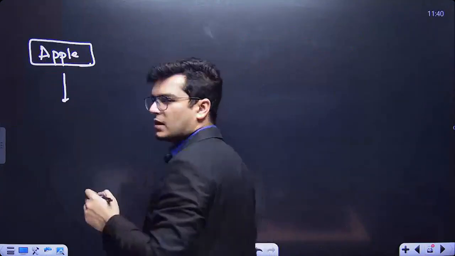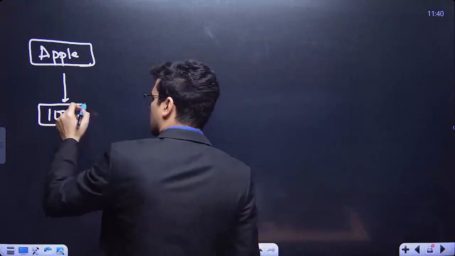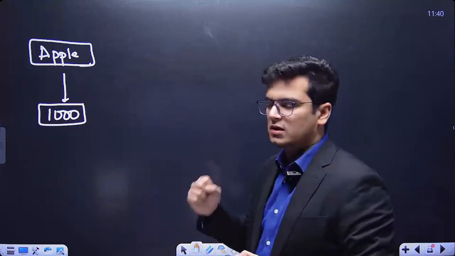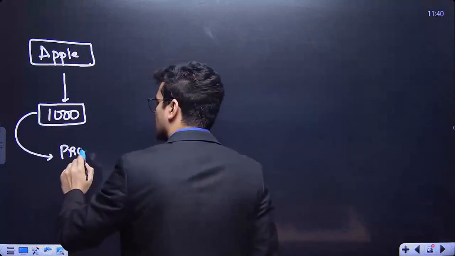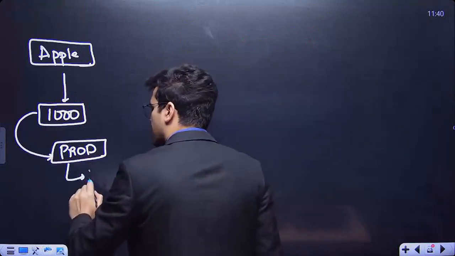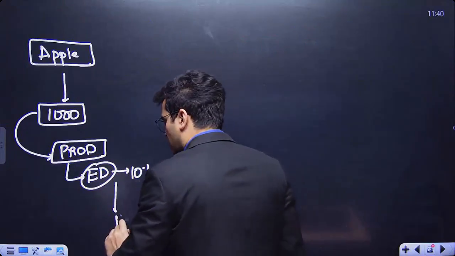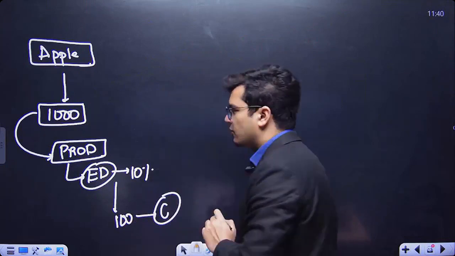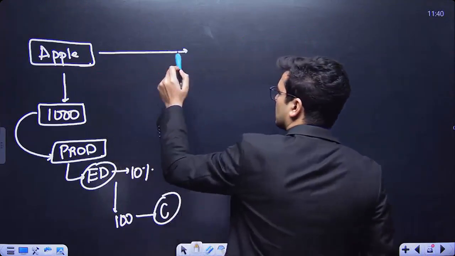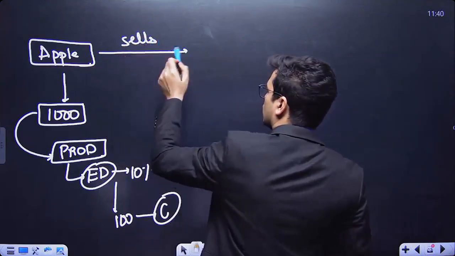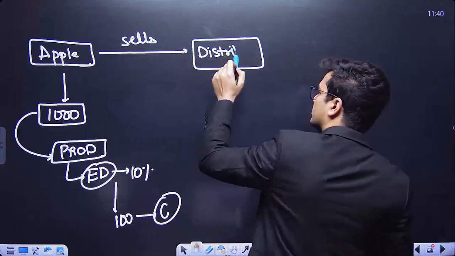Apple produces a laptop for 1000 rupees. Here there is an event called production. On any production there is excise duty. Excise duty is at 10%. So 100 rupees have to be now given to central government. Okay. Apple sells this to, let's say, a distributor.